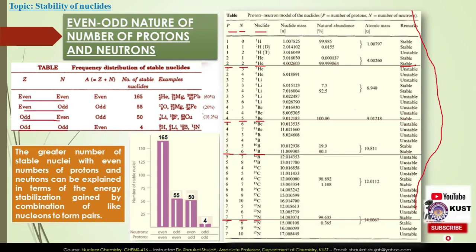Out of the 274 nuclides which have shown no evidence of any type of radioactivity, about 60% of the nuclides have both even number of protons and even number of neutrons. So we can call them the even-even nuclei.